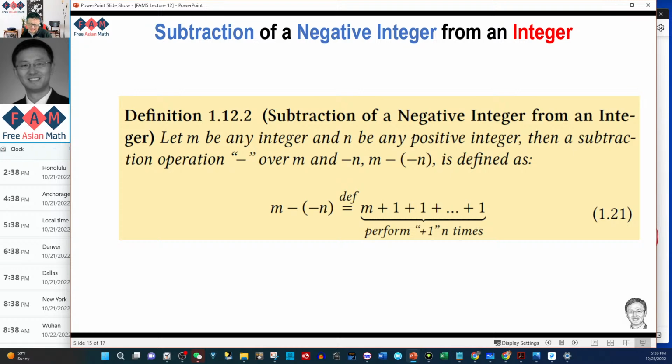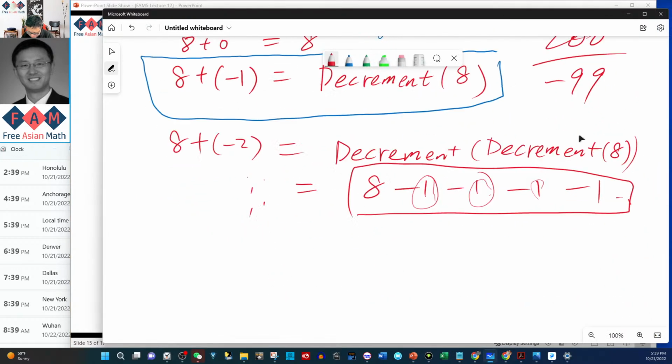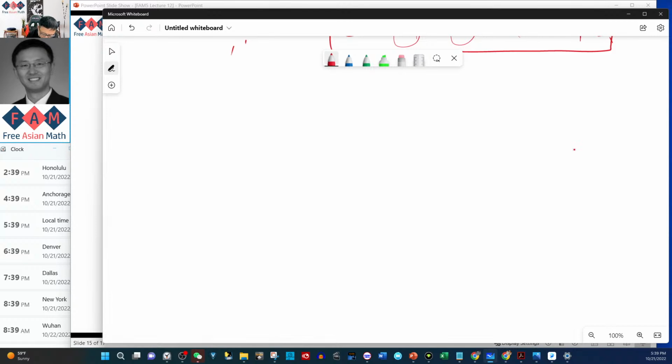If you are subtracting a negative integer, negative n, you are effectively doing increment n times. And just once again, if we start with a subtract 5, that's 3, right?